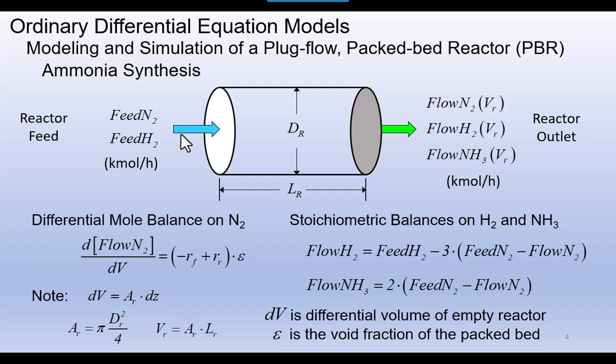So we describe our mathematical model here in terms of molar flows in a differential balance with volume down the reactor, and that's given by the disappearance of nitrogen by the forward path of the reaction plus the reverse path, and then times the void fraction, so that we're dealing here with the void volume of the reactor as we solve the model.